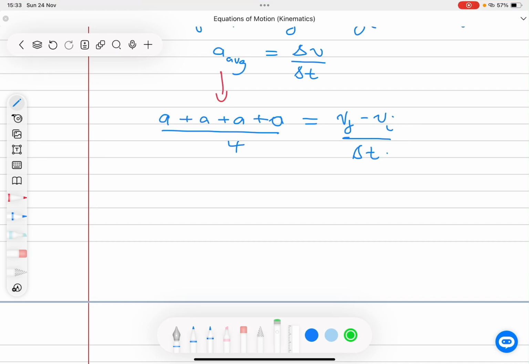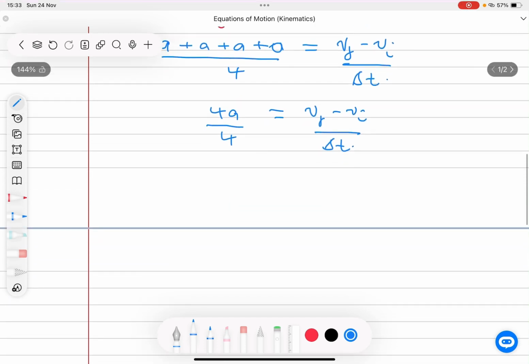Now from here, deriving the formula for the final velocity becomes very boring, because I'm going to add all these accelerations here, so that I'm going to have 4a, because a plus a is 2a plus a is 3a plus a is 4a, and then here I'm having 4a divided by 4, and this is equal to v final minus v initial over change in t.